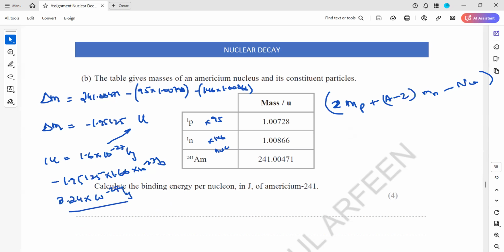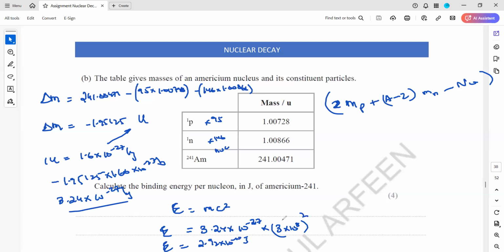Now, after working out the mass defect, we'll find the energy in joules. How much binding energy is there? E = mc². So this is 3.24 × 10^-27 times the speed of light, 3 × 10^8, squared. When you multiply, you get the answer in joules, which is 2.92 × 10^-10 joules.